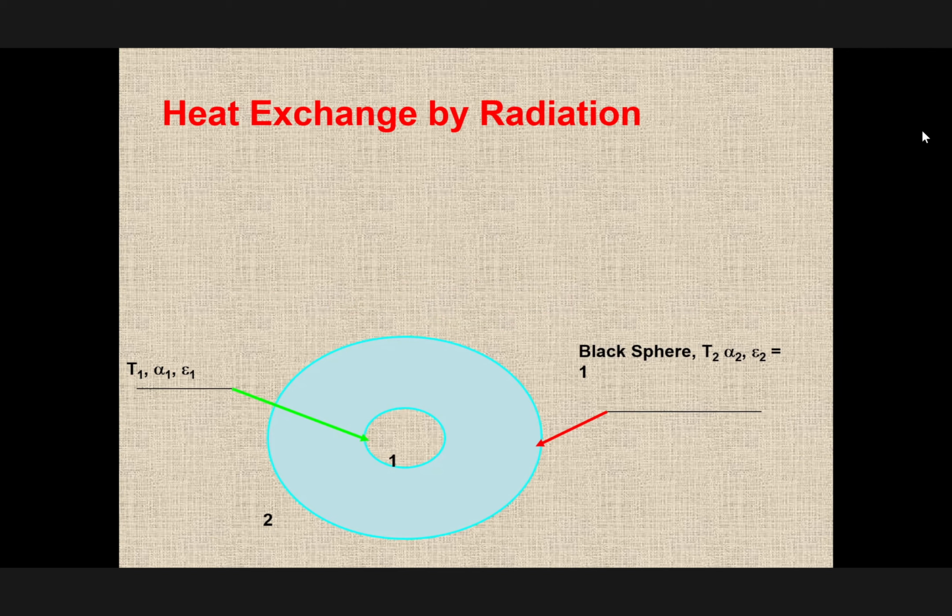There were two rules. We call it the reciprocity rule. Remember? The reciprocity rule: F12 times area 1 is equal to F21 times area 2. We will continue this next lecture.